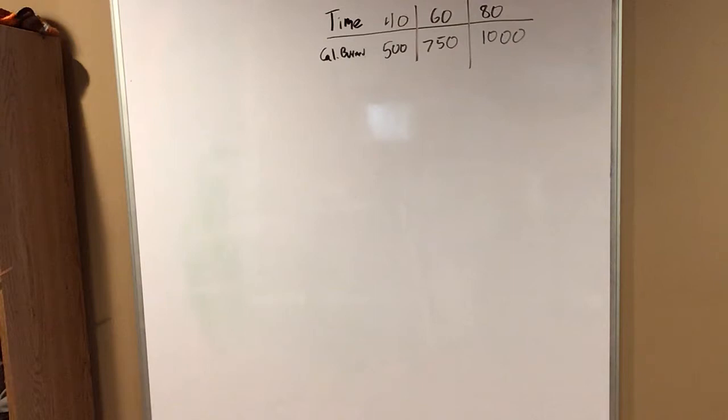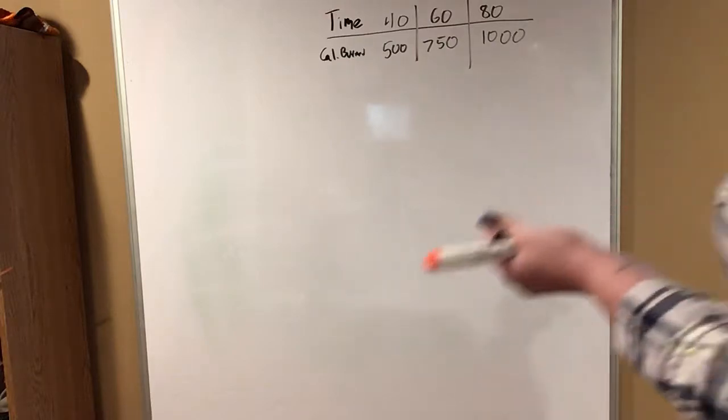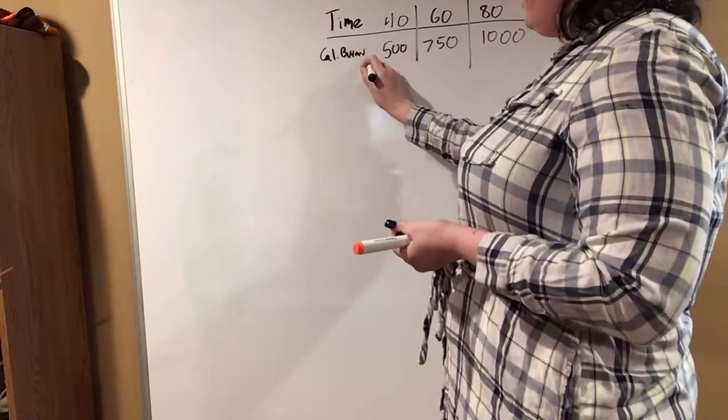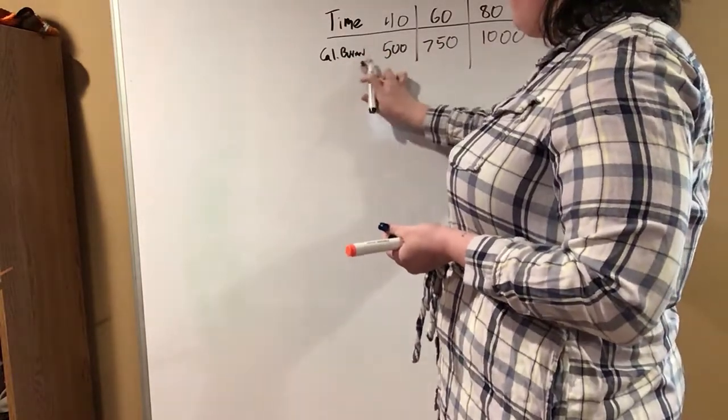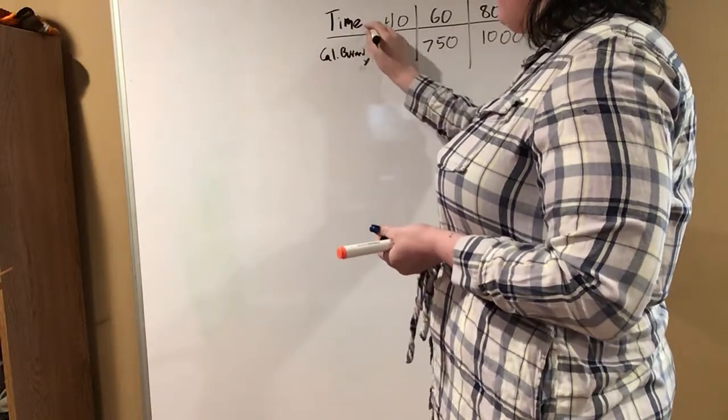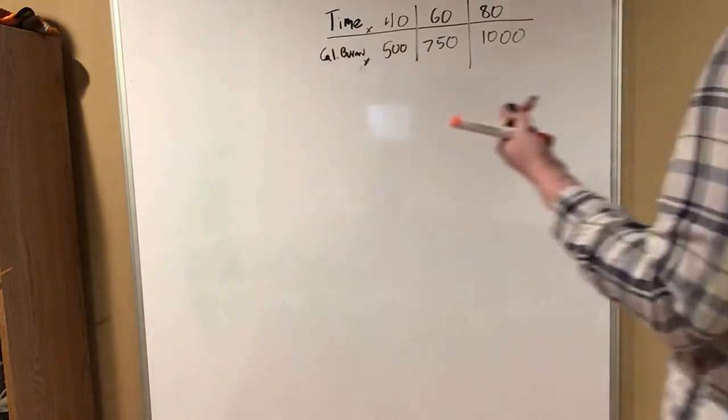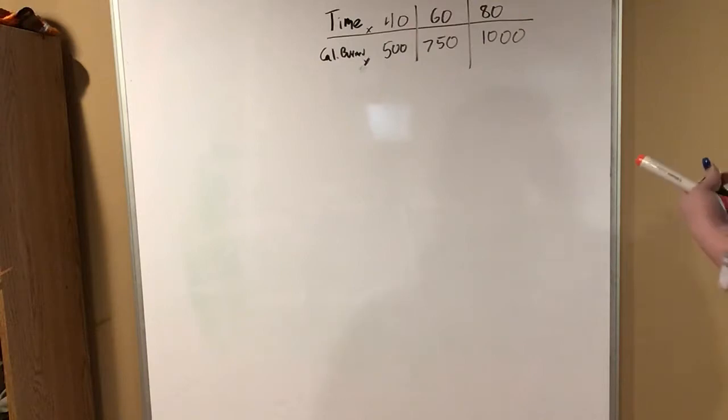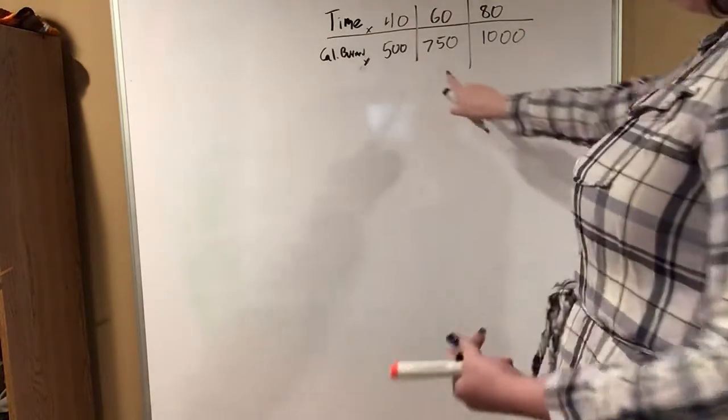Constant rate of change can be easily found by just doing the change in y over the change in x. It's super easy. The calories are my y, and the time is my x.